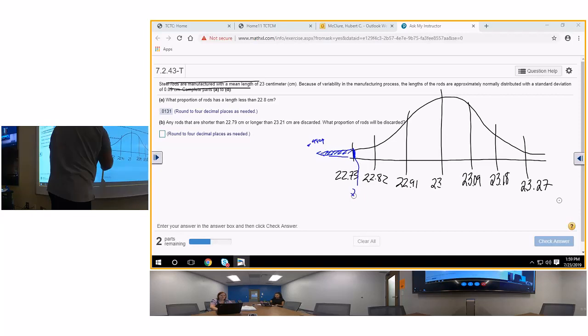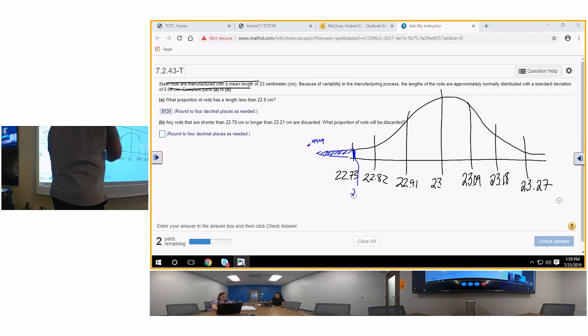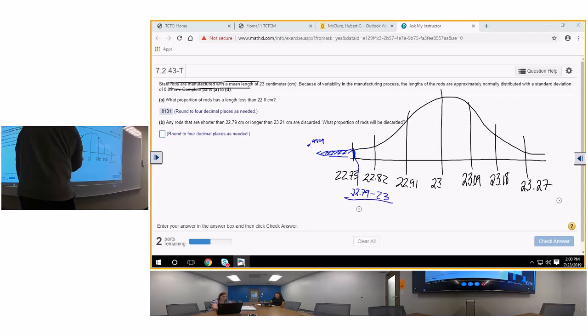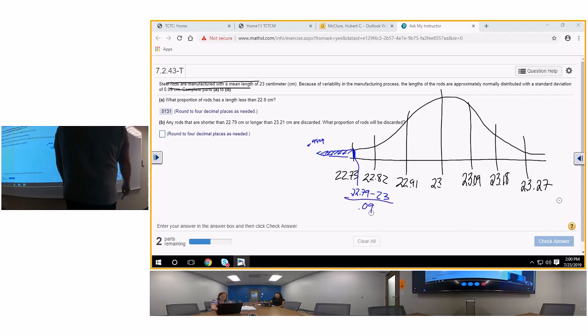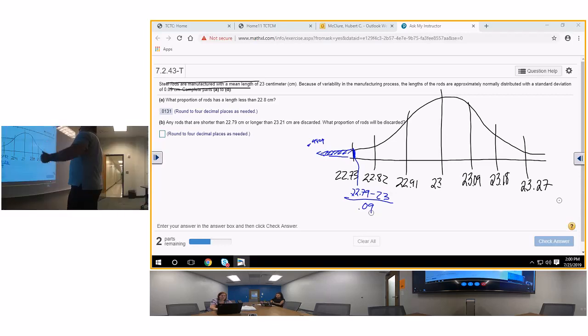Wait a minute. 22.79 would be on the other side, right? Yeah. 22.79 minus 23 over 0.09. And then over here, longer than 23.21. 23.21 would be here.